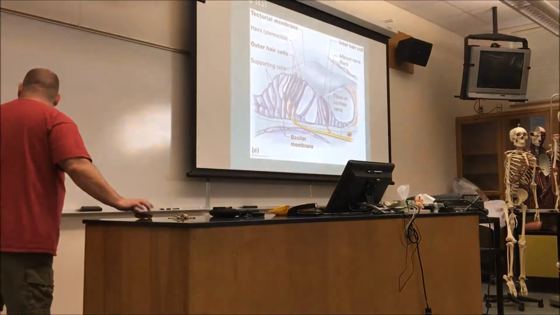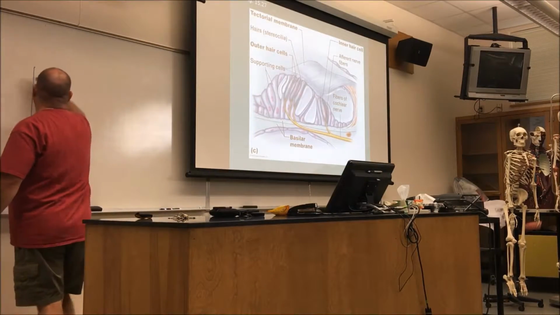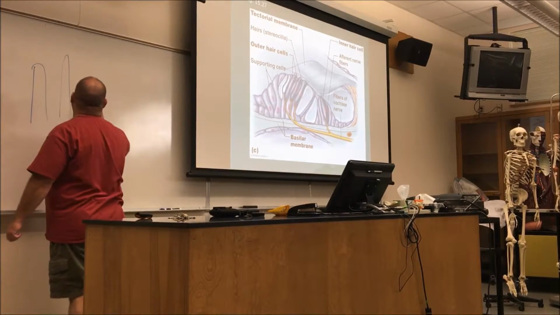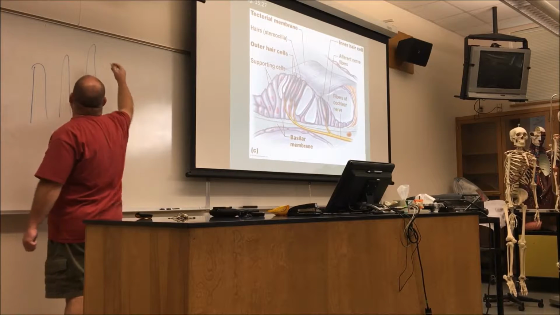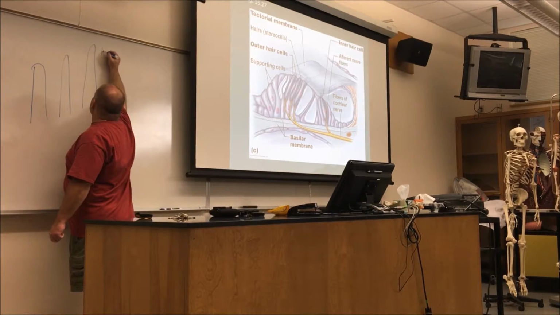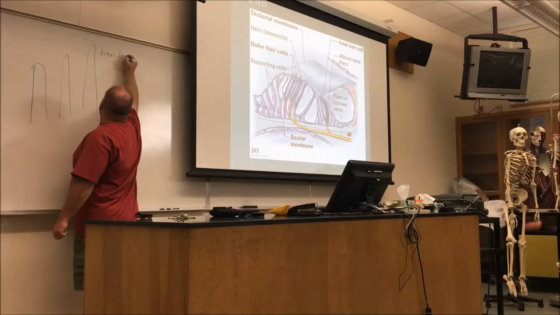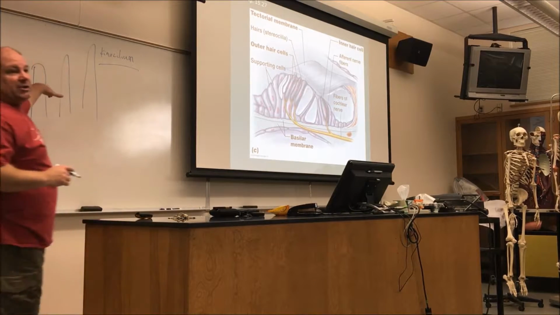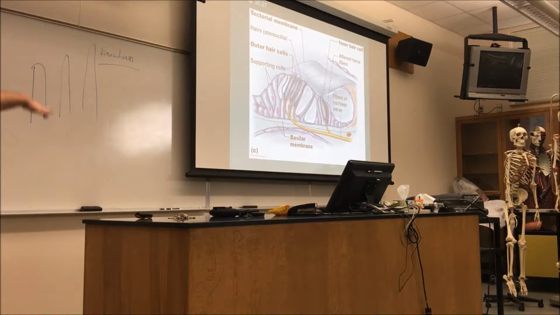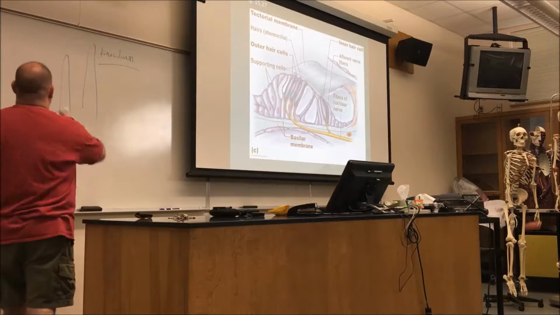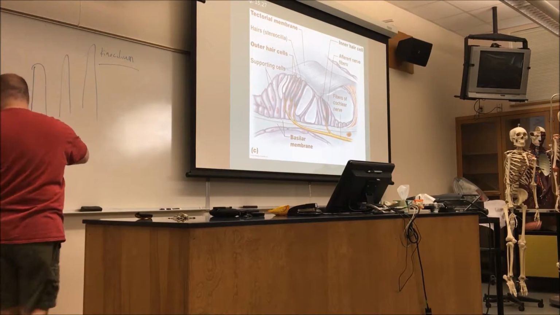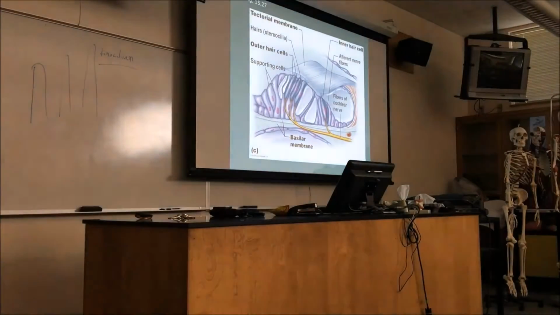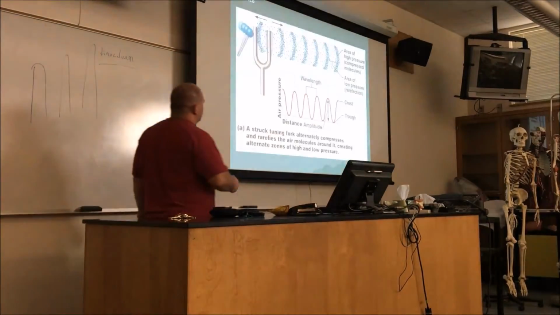So we have kind of an increase in size, and there is one that's the largest. It's called the kinocilium. These are hair cells, by the way. Okay, the stereocilia. These are connected by what's referred to as tip links, which are specialized proteins.